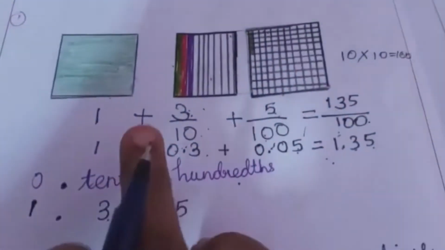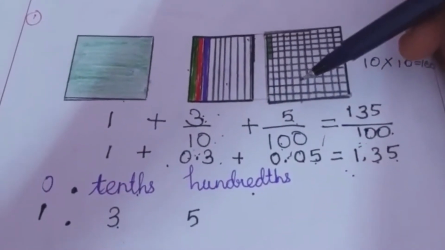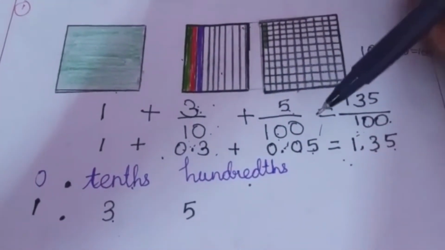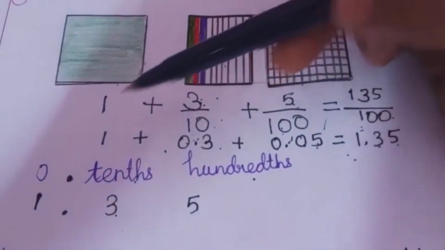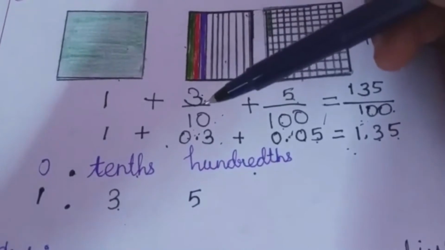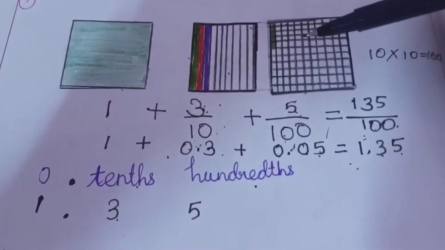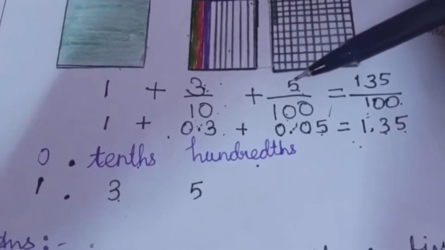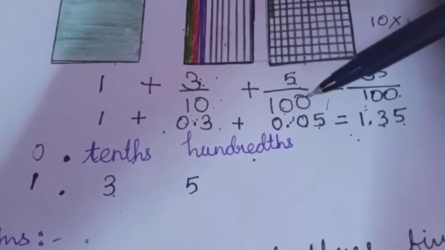If I give you another sum with different numbers colored, will you be able to write it? Yes. I will revise again. The whole part is 1. In 10 columns, only 3 are colored, that is under tens. We have to write 3 by 10. In 100 columns, 5 are colored, so we have to write 5 by 100 in hundreds place.